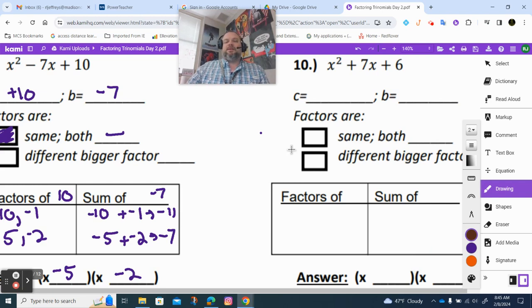Number 10, our C is +6. Our B is +7. C is positive, so the factors are the same sign. And they're both what? Positive.